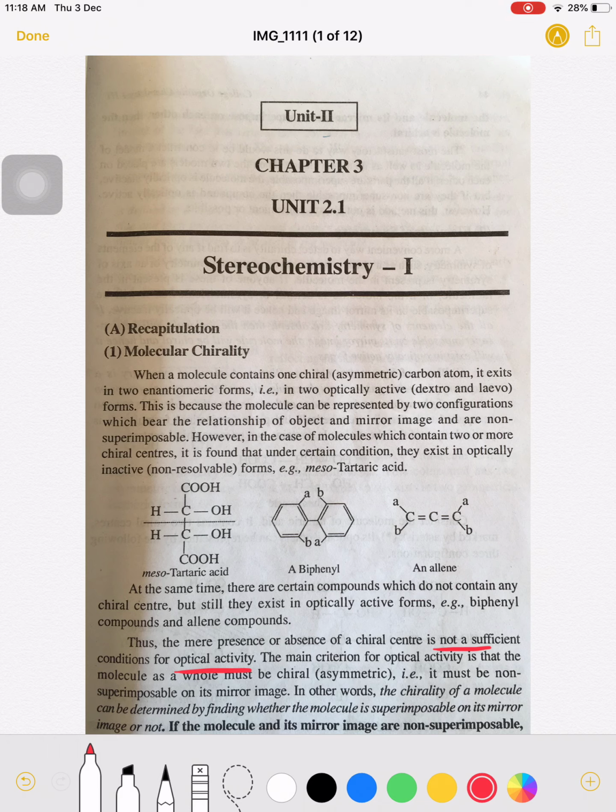The main criterion for optical activity is that the molecule as a whole must be chiral. It must be non-superimposable on its mirror image.